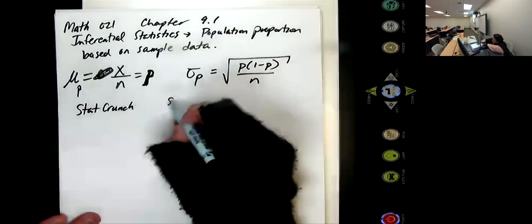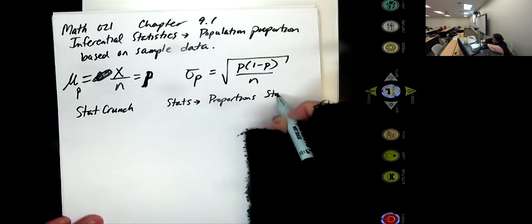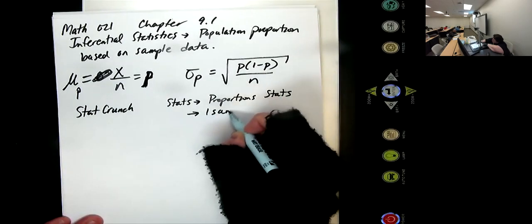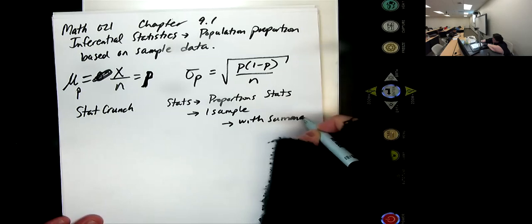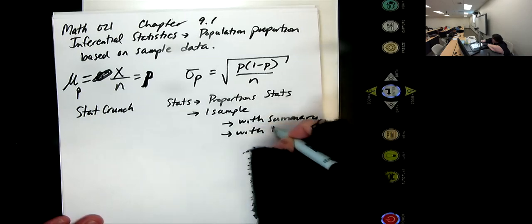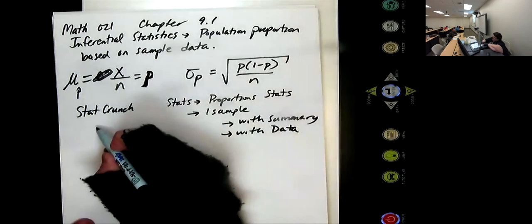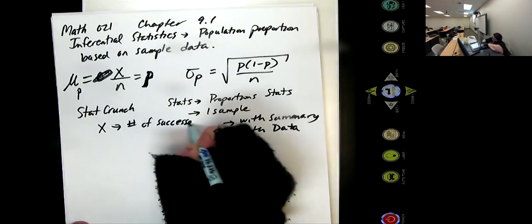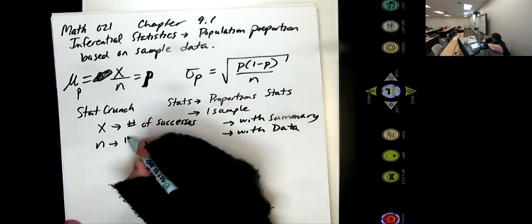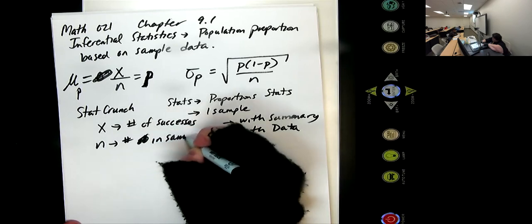One sample with summaries. And then you either had with summary or with data. And your homework should have examples for each. We did examples for a couple of them in class. And what did you need for that? You needed to know X, the number of successes. You need to know N, the number in sample.